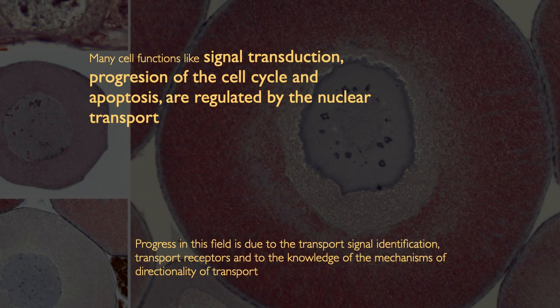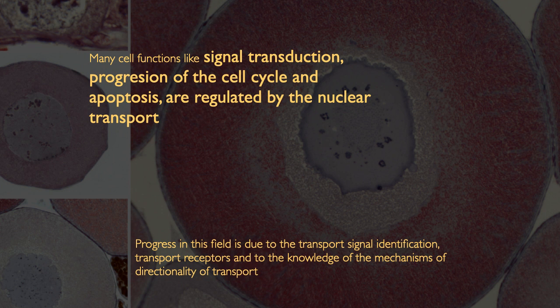These big molecules, like proteins controlling the cell cycle or cell death, which we technically call apoptosis, need to be transported. They need to be transported to the nucleus to start apoptosis.